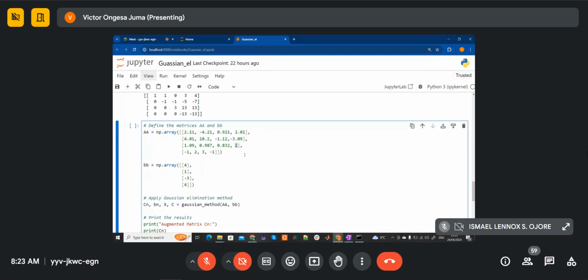Then 4.21. It was just the 3x3. But why do we have 4 here? Sorry, the other parts are the solutions.